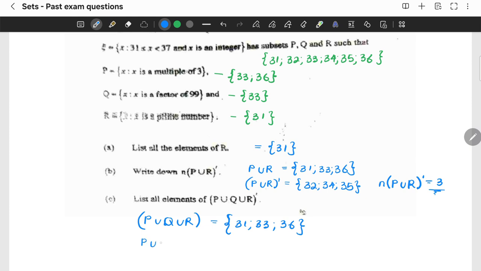And the complement of this would then be 32, 34, and 35.